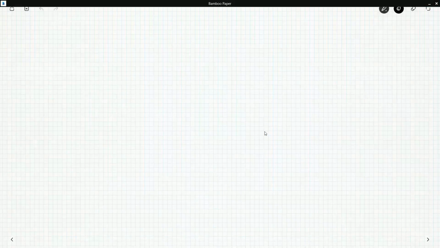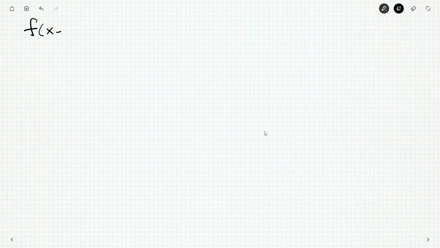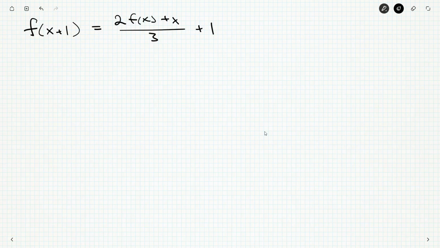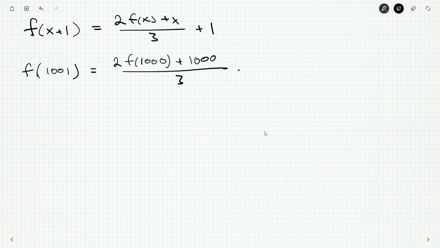So f of x plus 1, if you're confronted with something new and there's nothing that immediately strikes you as interesting or something to explore or something you've seen before, just play around with it. So f of 1001 is 2 times f of 1000 plus 1000 all over 3 plus 1.